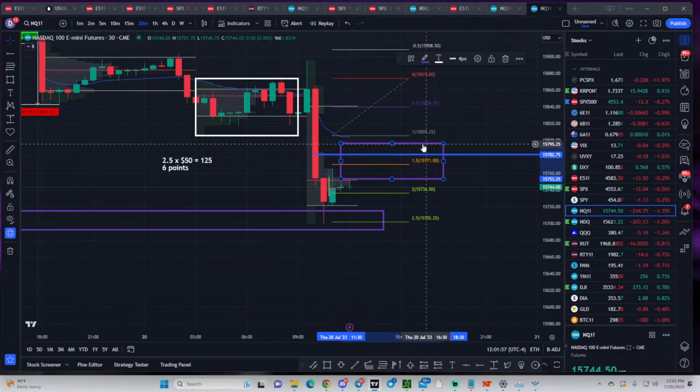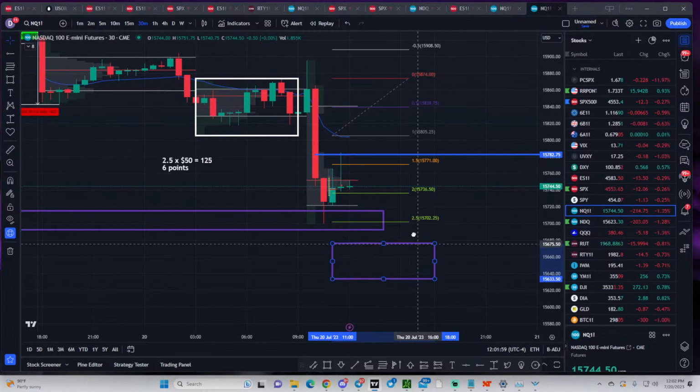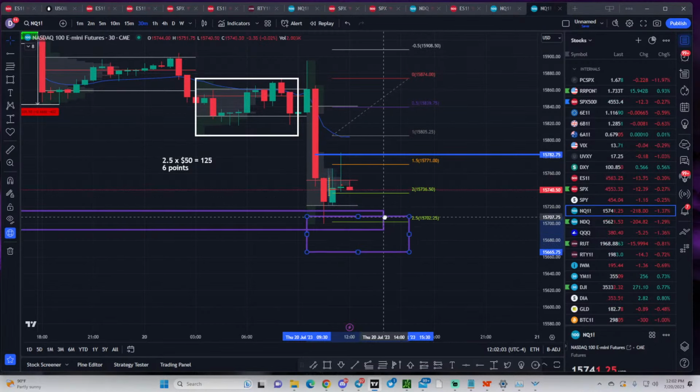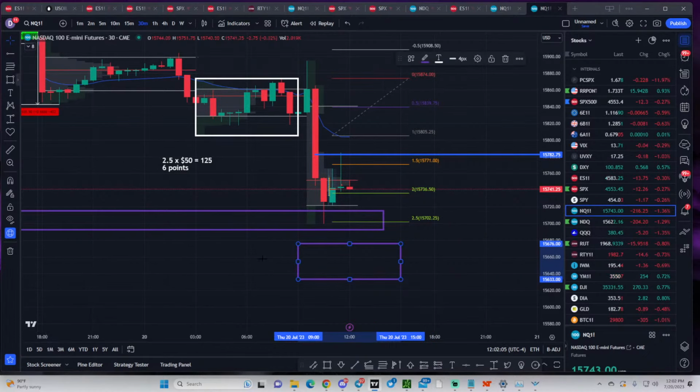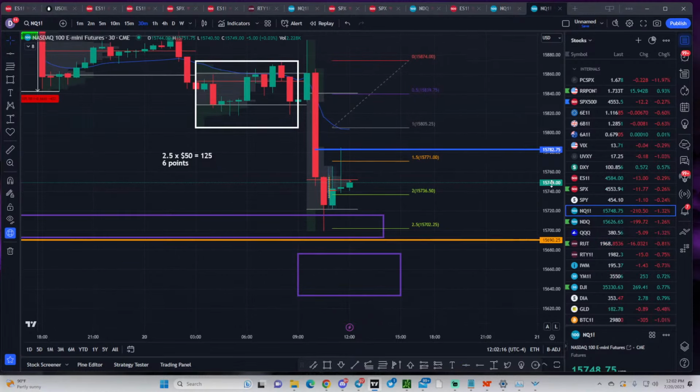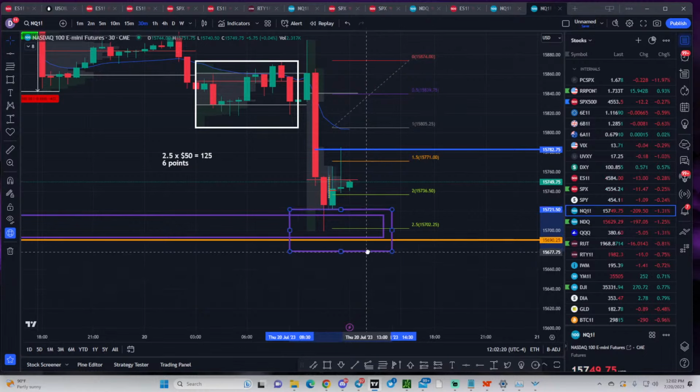This is the same equivalent risk in the ES to the NQ. Okay, same thing. So if I give you a target at 690, you get this box here. You put it in the center of the box.